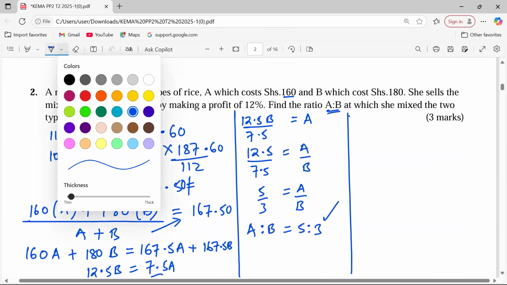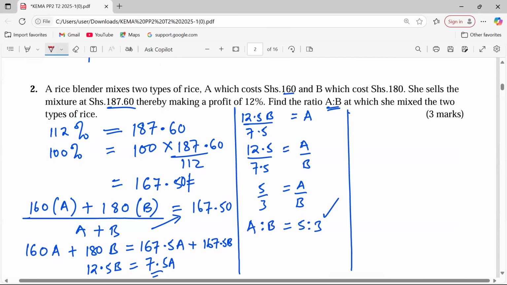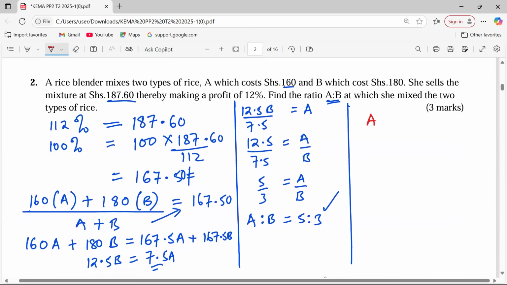It's also good for you to know that alternatively, this can be worked out very simply by saying there is type A, there is type B. Type A is costing 160, right? Type B costing 180. When these two have been mixed, we are arriving at 167.5.